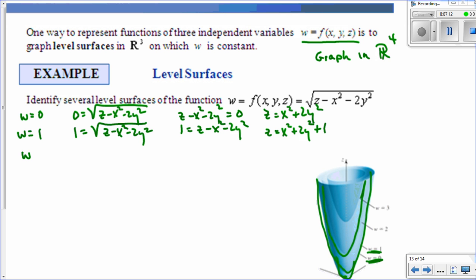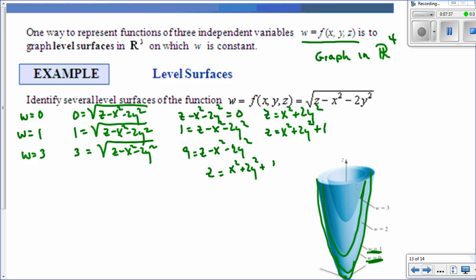W equal to 2. Let's just go ahead and go to 3. So that is z equal x squared plus 2y squared plus 9.